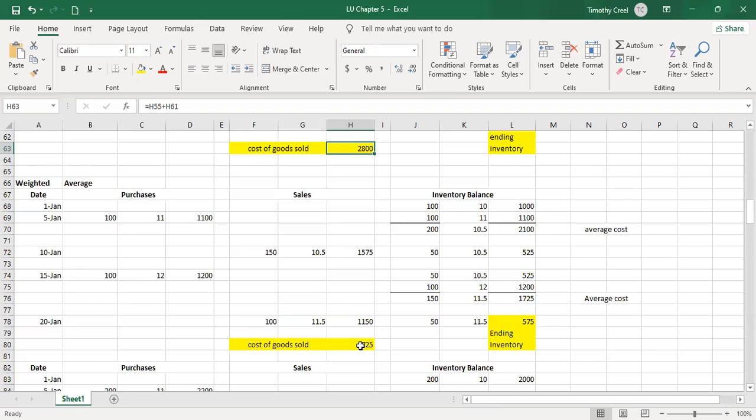They've really got to pick one and stick with it for consistency of financial reporting over the years. So this is a basic example, but a good example of what you would do valuing inventory based on LIFO, FIFO, and weighted average.